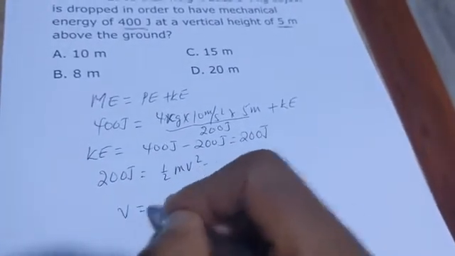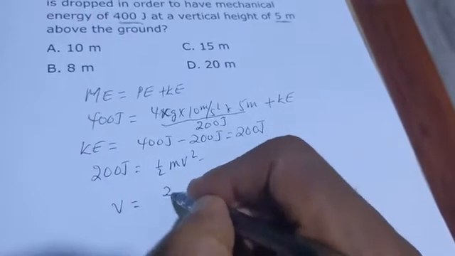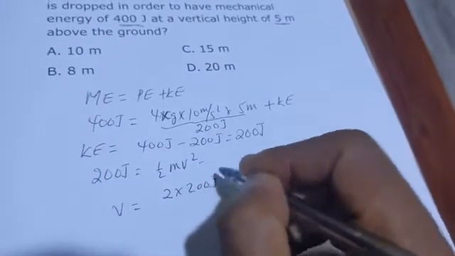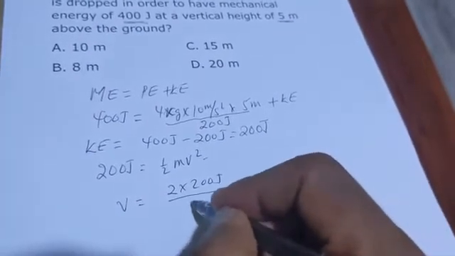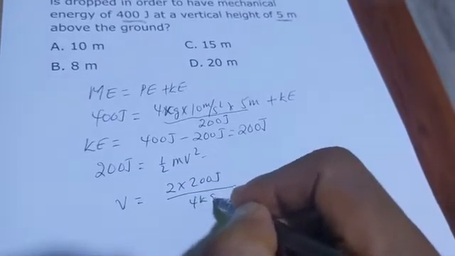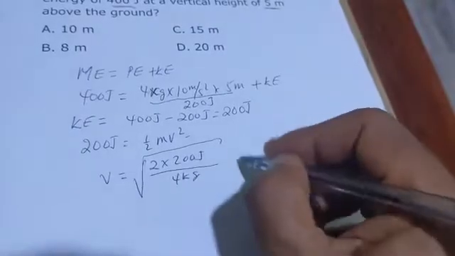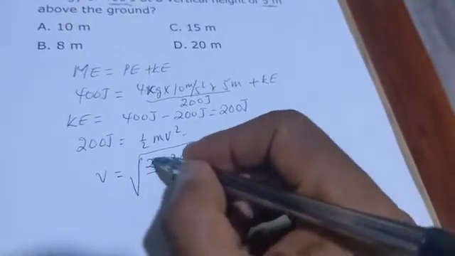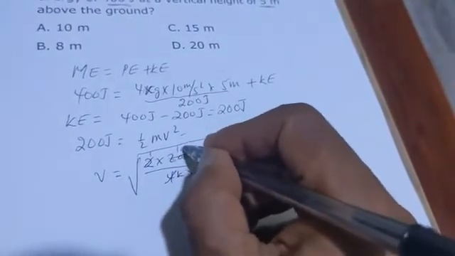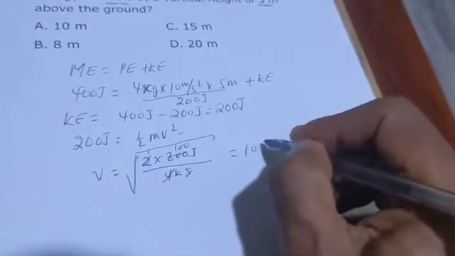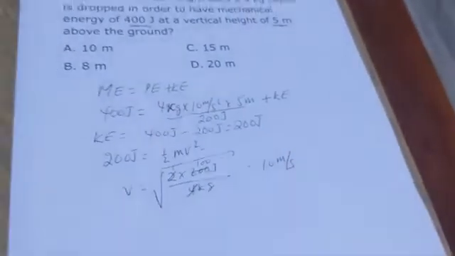So V is equal to the root of 2 times 200 joule over the mass, 4 kilogram. This is the root of 100, which is 10 meter per second.